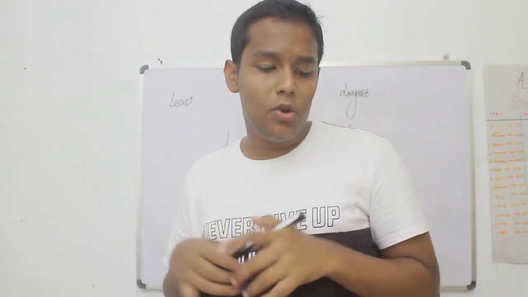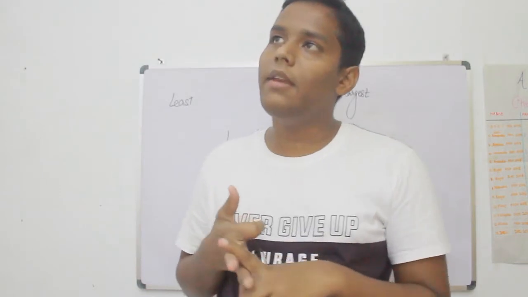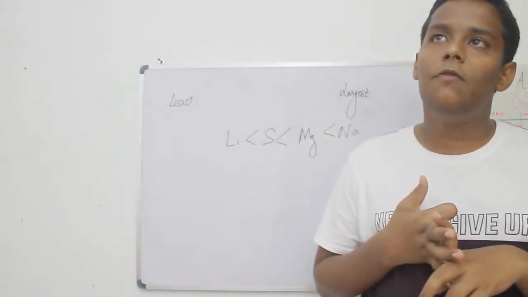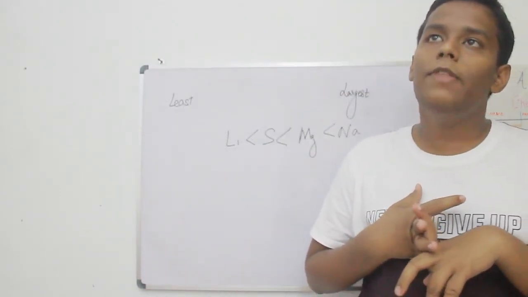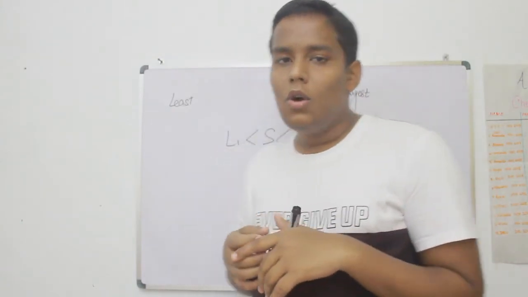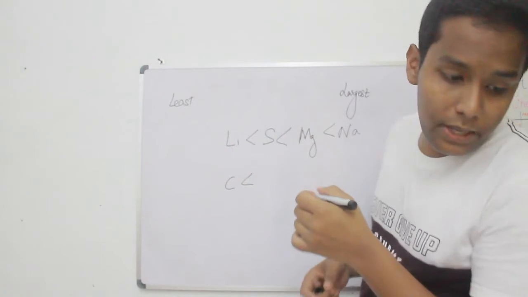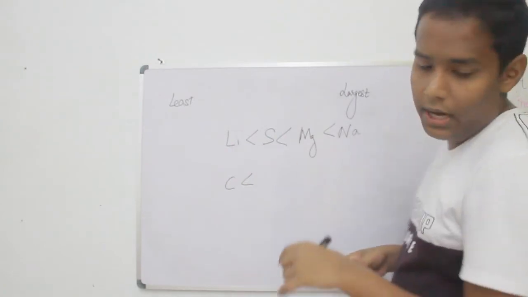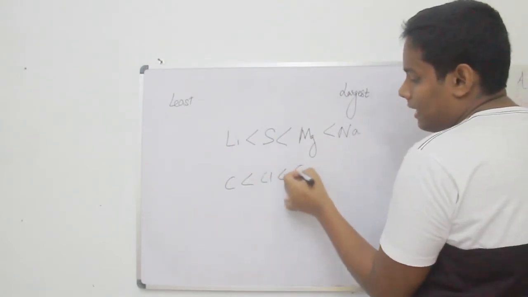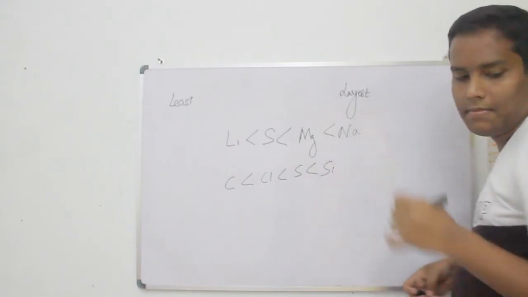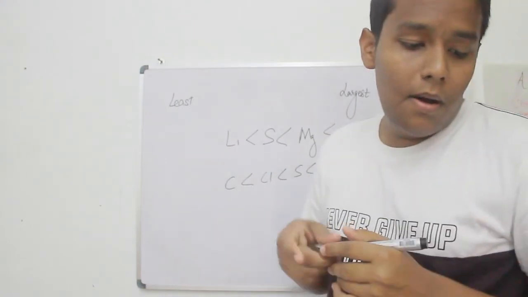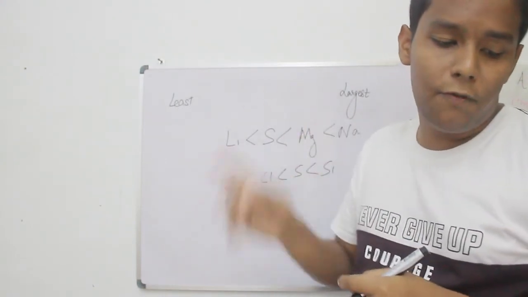Okay, second one: carbon, silicon, sulfur, chlorine. Silicon, sulfur, chlorine all belong to the third period, and carbon is second period. So carbon is the least one. Now between silicon, sulfur, chlorine, chlorine will be the smallest one, then sulfur, then silicon. Okay, third one: boron, carbon, nitrogen, fluorine, phosphorus.